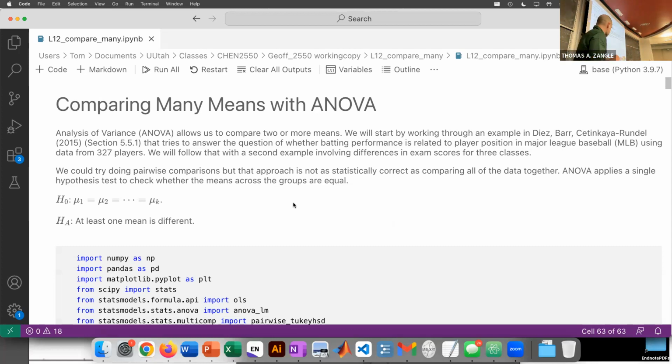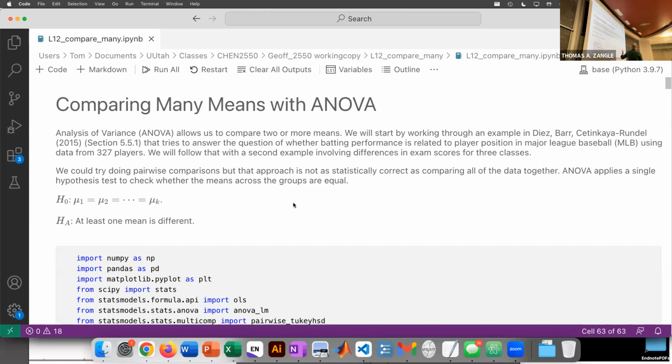But it's often the case that we have multiple groups and we want to know if the mean values from multiple different groupings are different from one another. So you might think, well, if I have multiple groups, I can just do a bunch of pairwise comparisons using the T test. But if you do that, you end up being essentially overconfident in your estimate of there being differences between the groups.